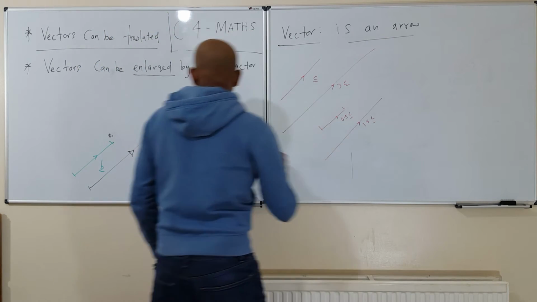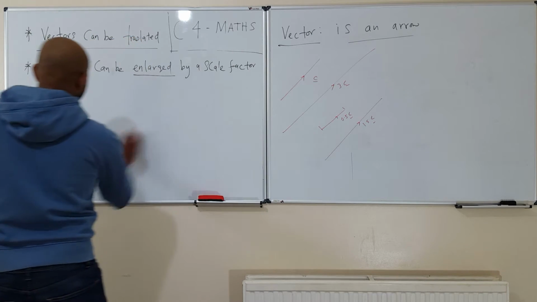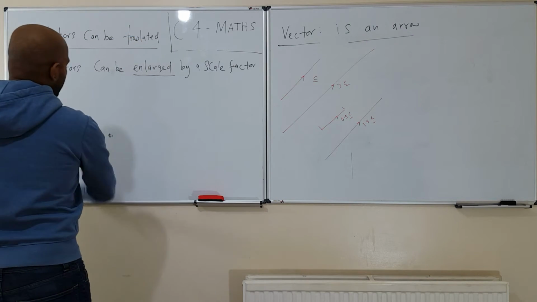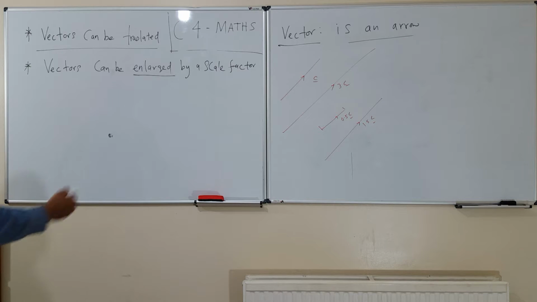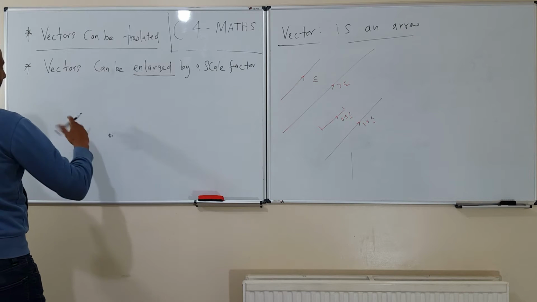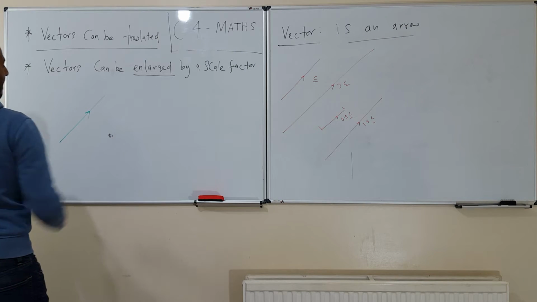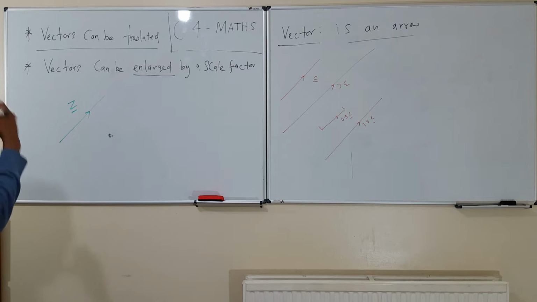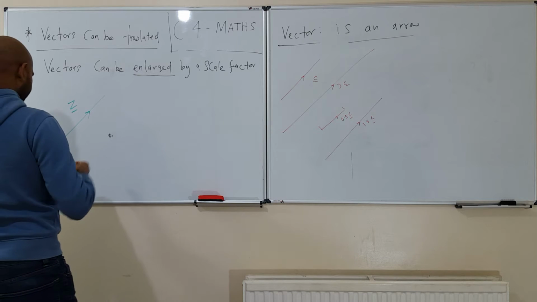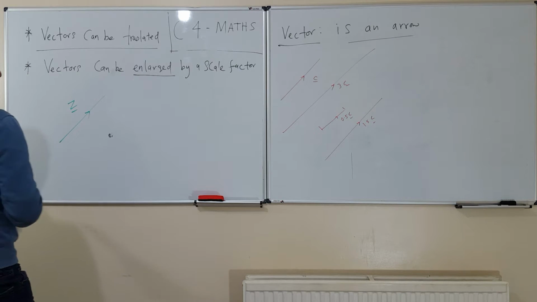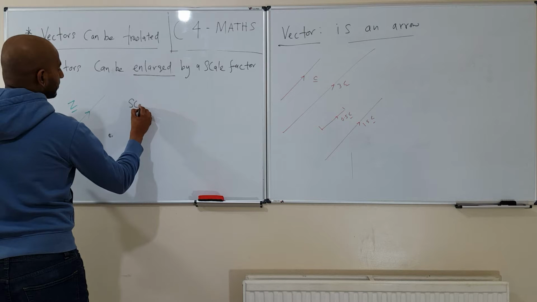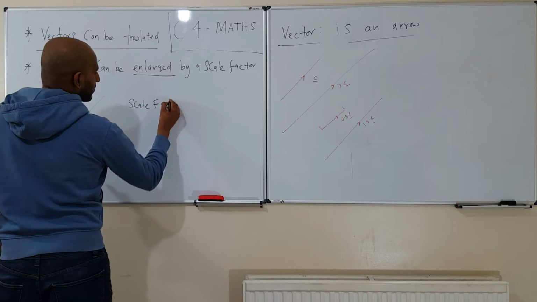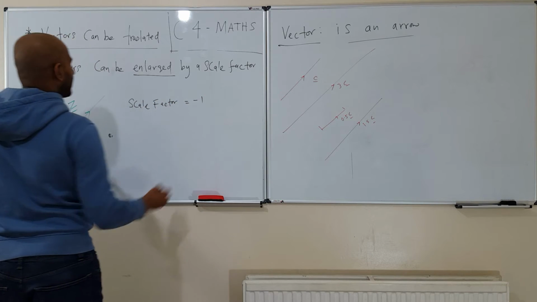Right, now let's move forward with the scale factor a bit more. Let's say, another case, the scale factor is -1. Scale factor can be negative. Let's say we have a vector like this, the vector is given by z, and the scale factor is -1.